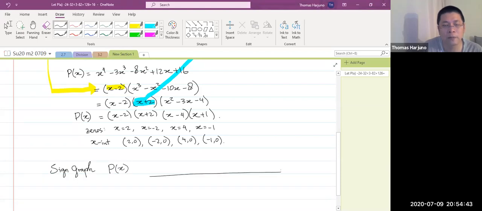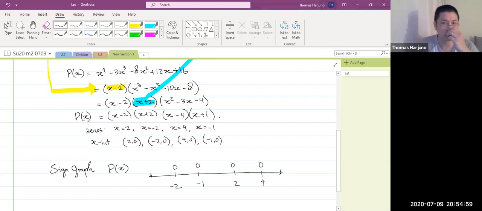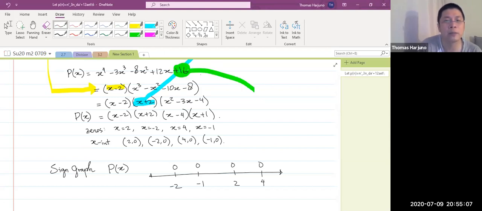We have the zeros are -2, -1, 2, and 4. Those are the zeros. And then the y-intercept is (0, 16), right? That's the y-intercept, which is positive.